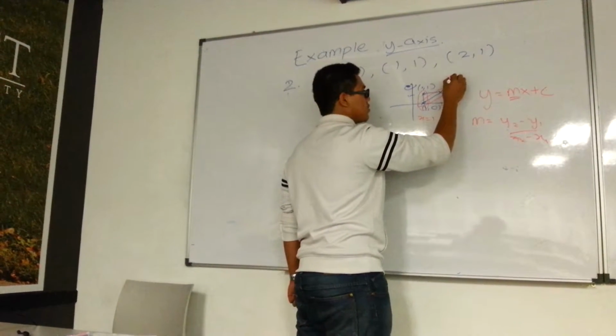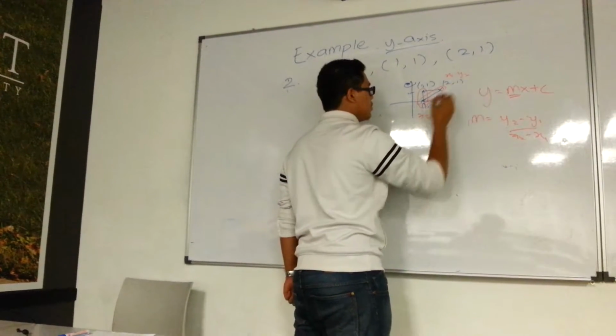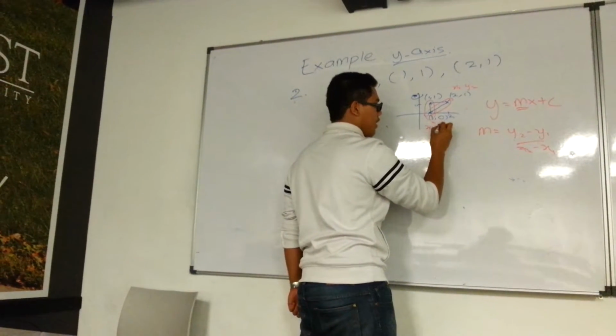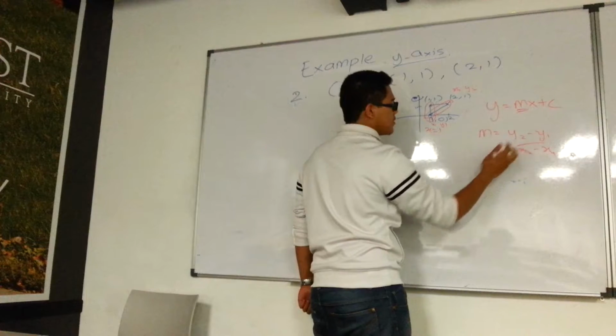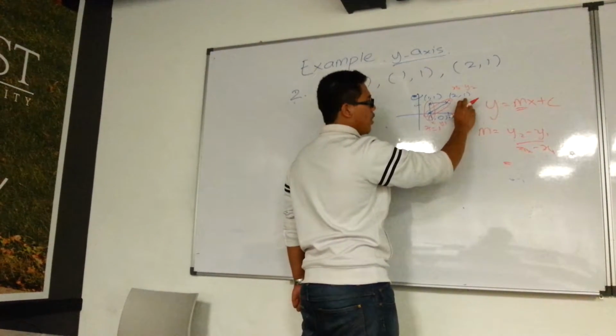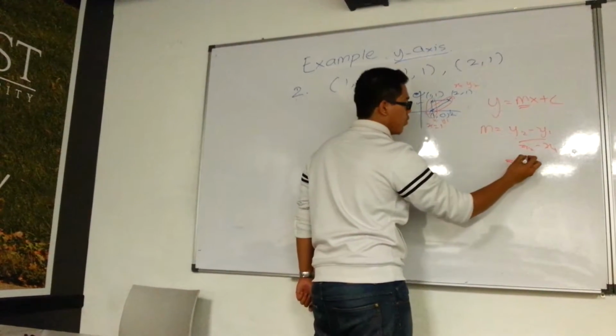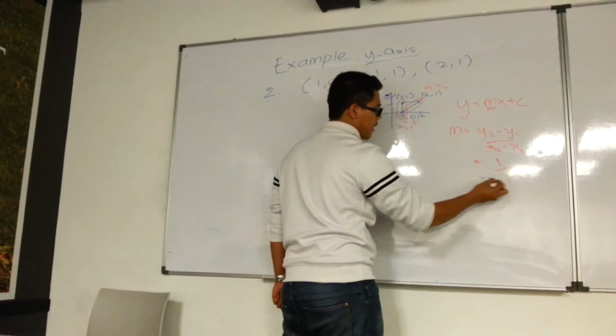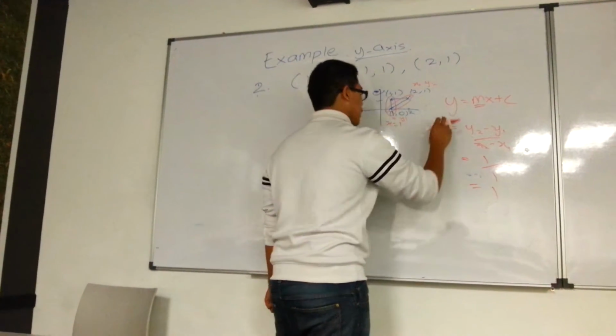This is x2, y2, this is x1, y1. y2 minus y1 is 1 minus 0, 1. x2 minus x1 is 2 minus 1, which is 1. So the m is 1.